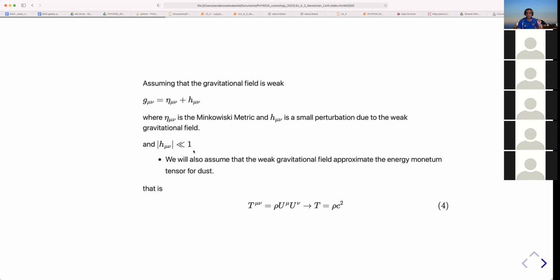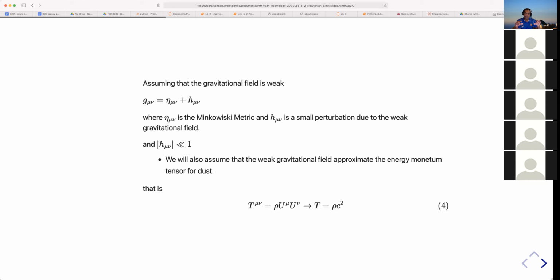The next assumption is that the weak gravitational field approximates the energy momentum tensor for dust. Remember the energy momentum tensor that we discussed last week. It is a 4x4 matrix with 16 components.